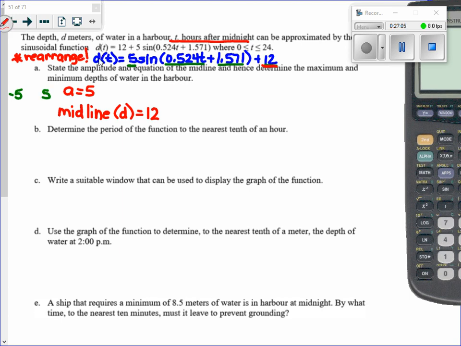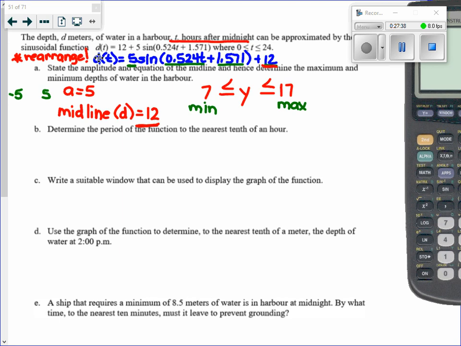But if I have shifted this whole graph up 12, then that means my -5 is now at, I'm giving you a minute to figure it out, -5 plus 12 should be at 7. And my maximum value, which was at 5, is now shifted up 12. It should be at 17. So that makes my range from 7 to 17. This is my minimum, and this is my maximum.